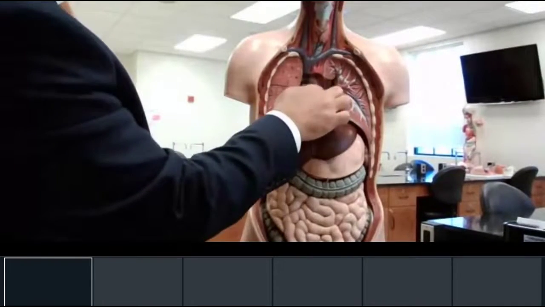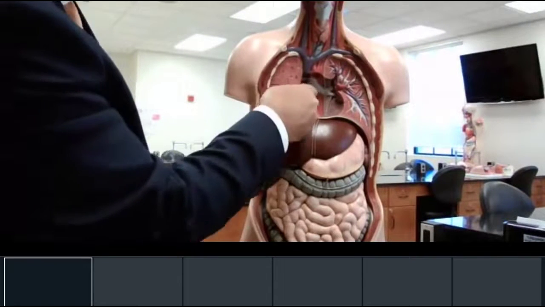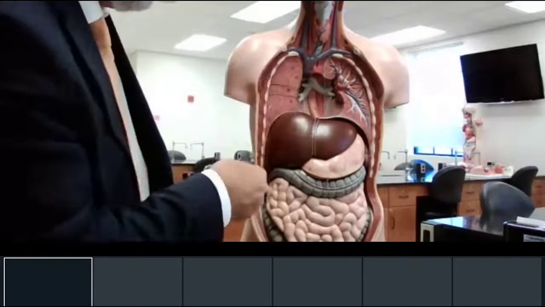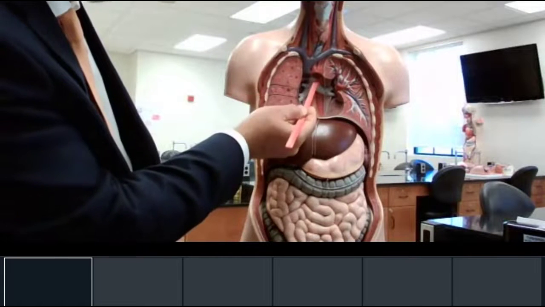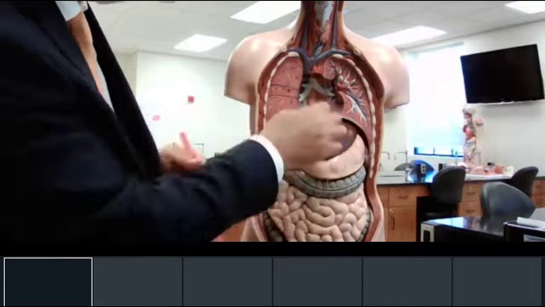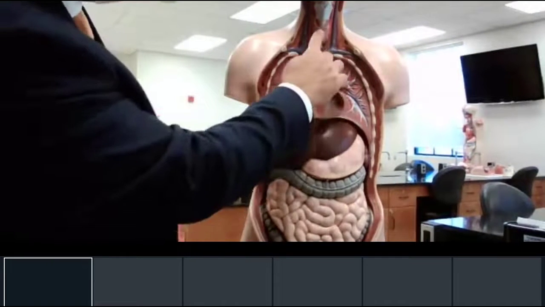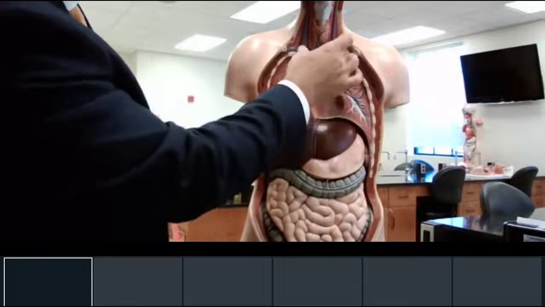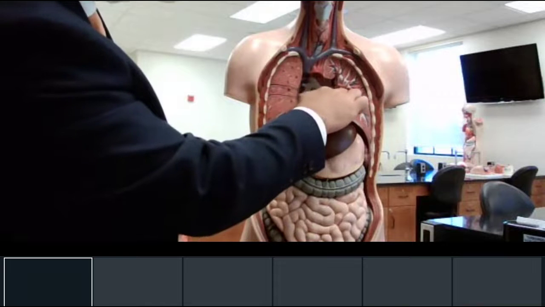Okay, if we take out the heart, we can also see that the heart is within the pericardial cavity. Also in the mediastinum, we have the esophagus, and the esophagus is running right behind the trachea. Notice that the trachea enters the thoracic cavity, and then it branches.